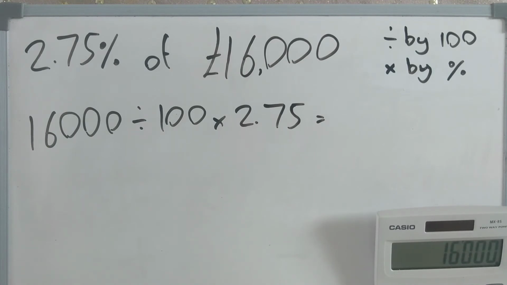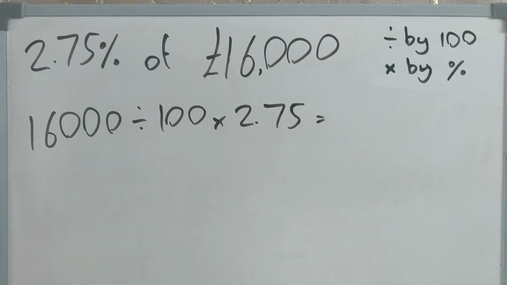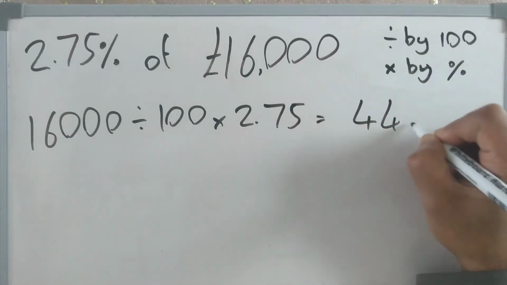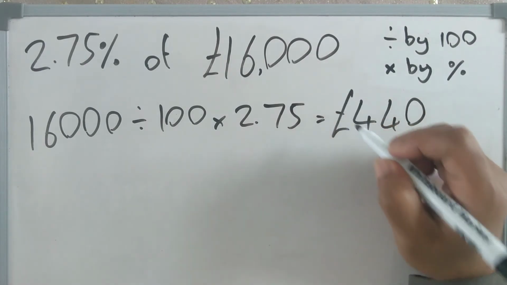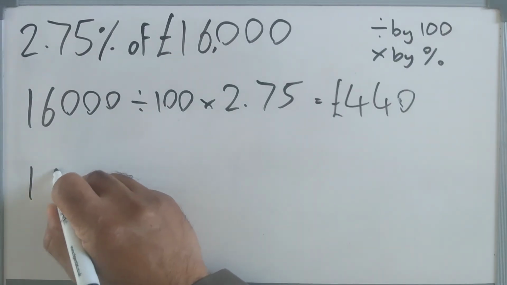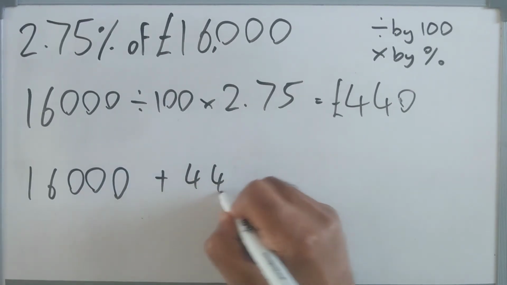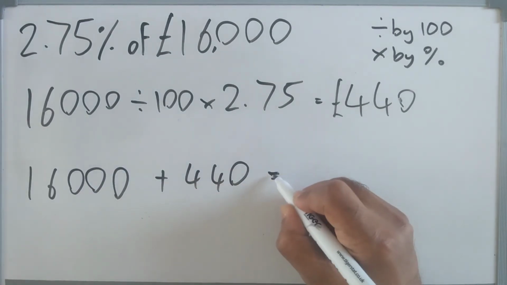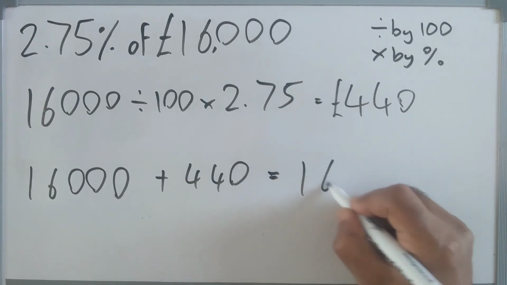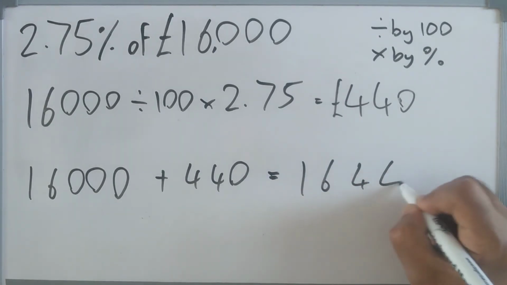£16,000 divided by 100 times 2.75 equals 440. Okay, so the wages next year would be 16,000 plus 440 equals, we don't need a calculator for this, £16,440.